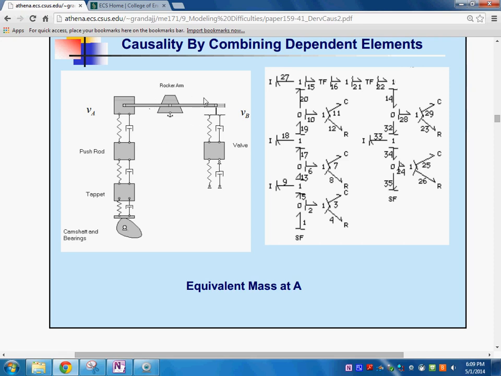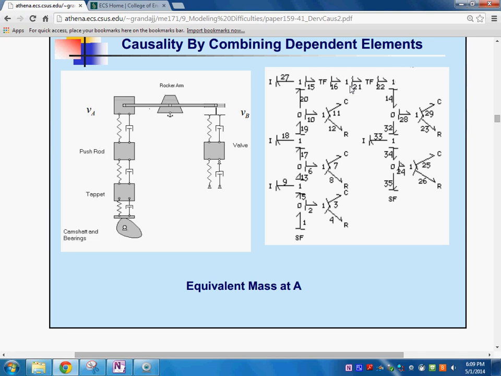But if we take this mass and we move it over here, look at the consequence on the bond graph on the right-hand side. Any problem with this? No. So the first thing that we can conclude by doing this move is if you can combine two inertias with one, then you could solve the derivative form.